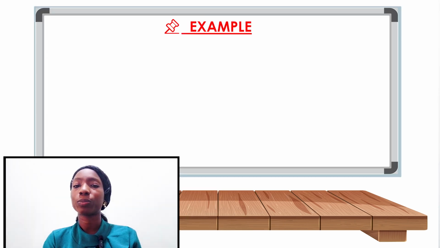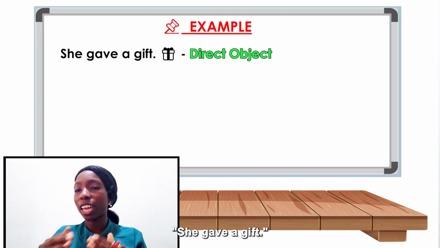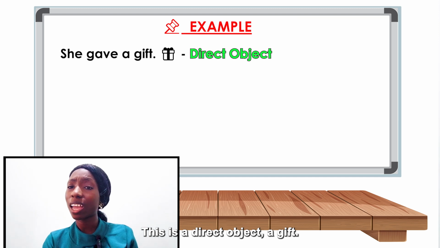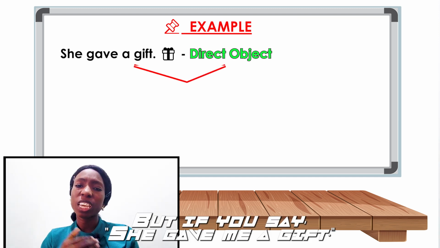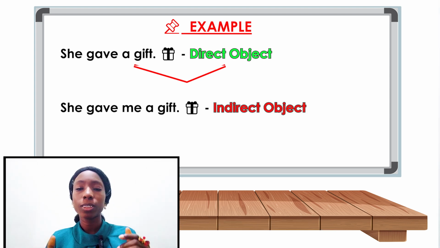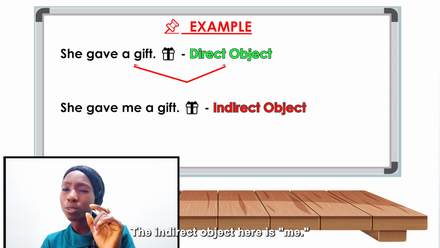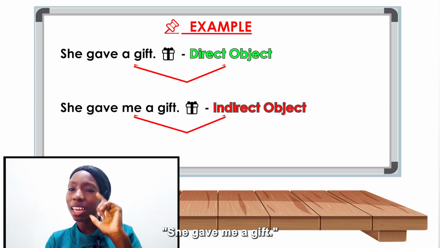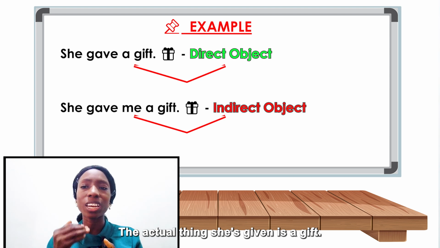For example, she gave a gift. This is a direct object, a gift. But if you say, she gave me a gift, the indirect object here is me. She gave me a gift. The actual thing she's giving is a gift.